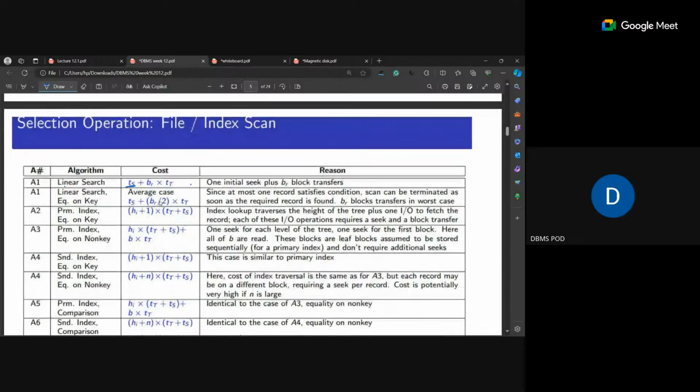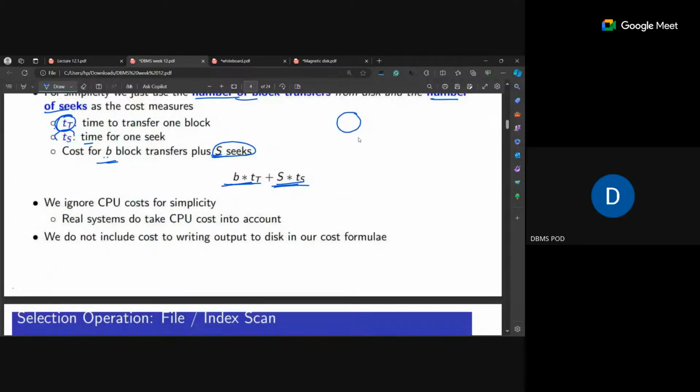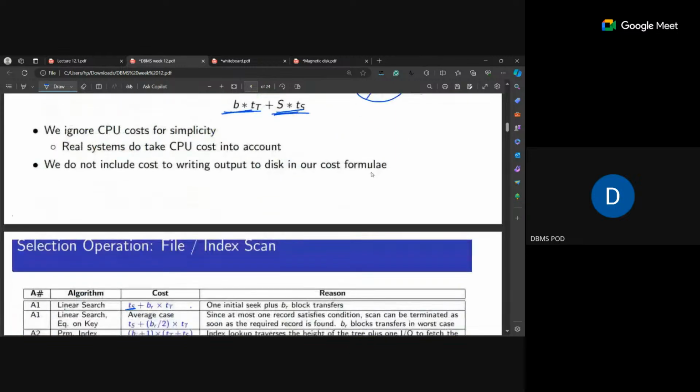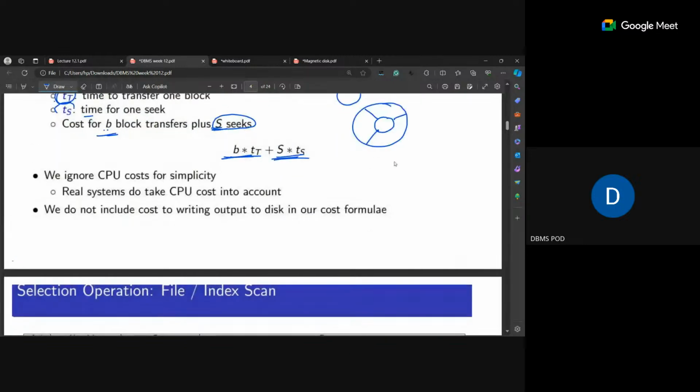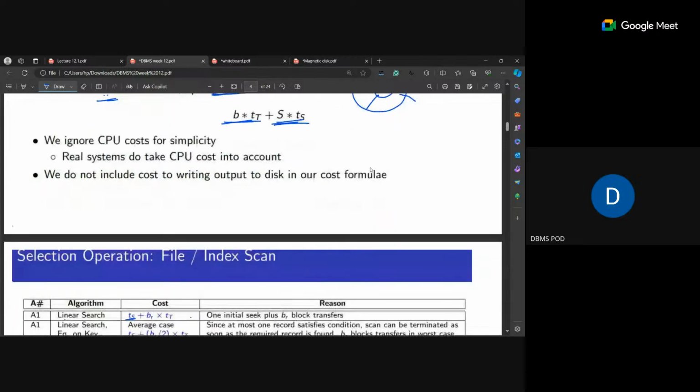Okay, let me explain. Suppose you want to find one tuple, like this row present in the node. So, selection operation, right? First you require one seek time, then the block transfer time. If you want to find by linear search, in sequence, you go one by one.